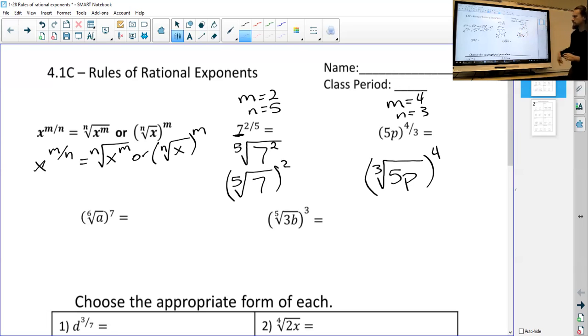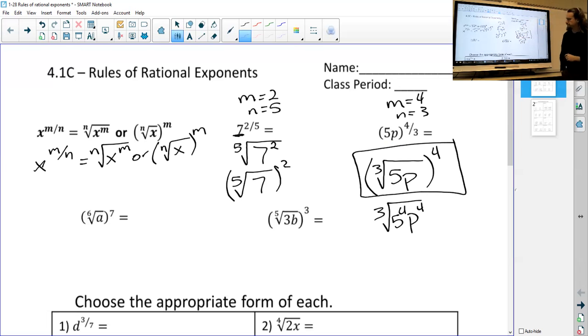Because if we do it without the parentheses, you would have to write cube root, and this would actually look like 5 to the 4th times p to the 4th power, because you have to take the 4th power of everything in the base. So if you don't want to have to write it multiple times, just use parentheses, right? And I would rather write one set of parentheses and have to remember how many times I have to write down the correct power. So I would go with this one here. Okay.